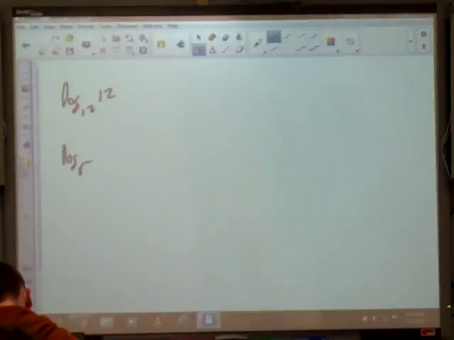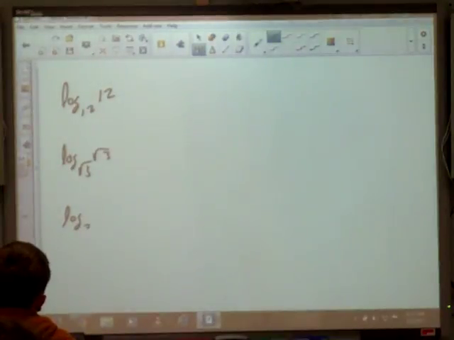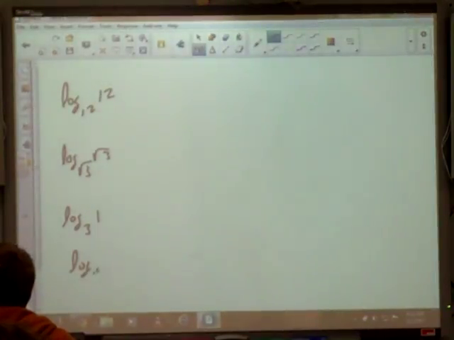Log base square root of 3 of square root of 3. Log base 3 of 1. Log base 0.4 of 1. Alright, so we've got those 4 problems. The directions for those 4 problems say to evaluate the log.